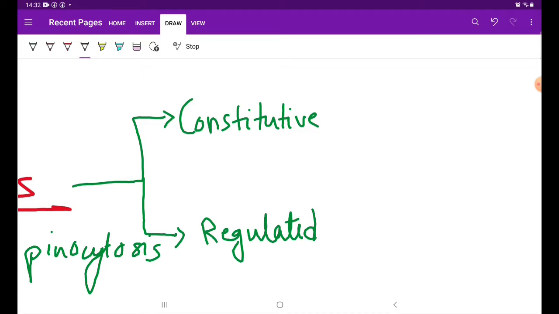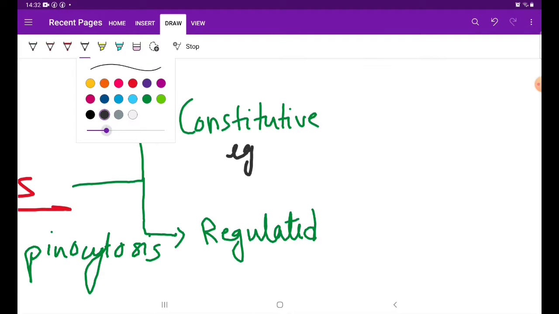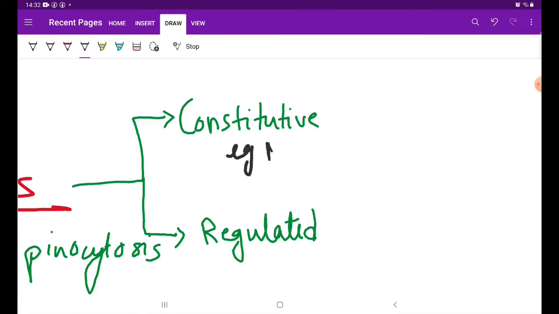Now what's the difference? Constitutive exocytosis is basically a continuous process, and regulated exocytosis is being regulated, it doesn't happen continuously. An example for constitutive exocytosis is mucus secretion.